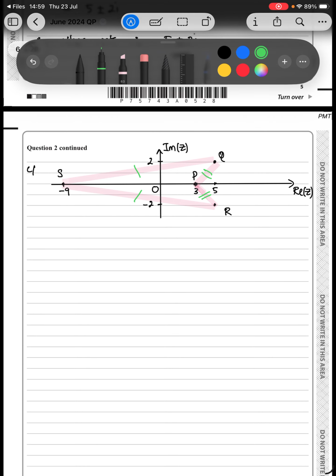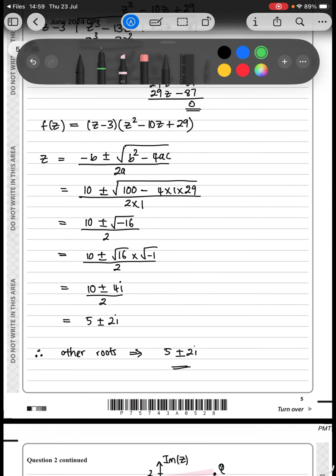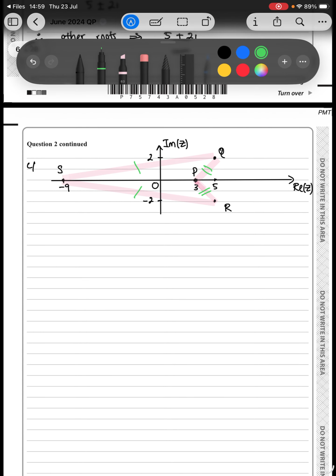So if we find one of SQ or SR and one of PQ or PR, we can find the perimeter of the quadrilateral. So I'll move on to finding the length of SQ.